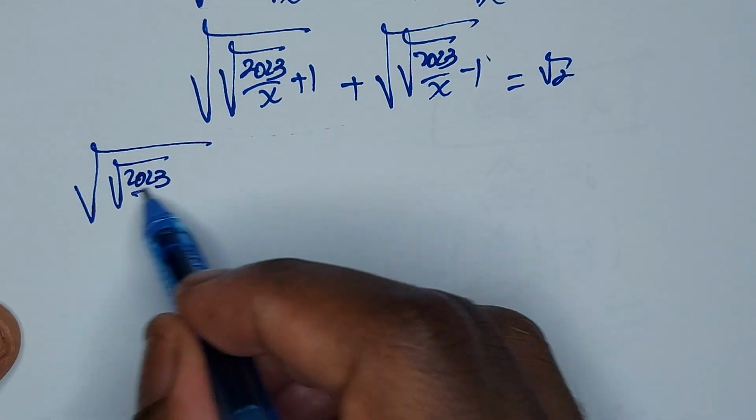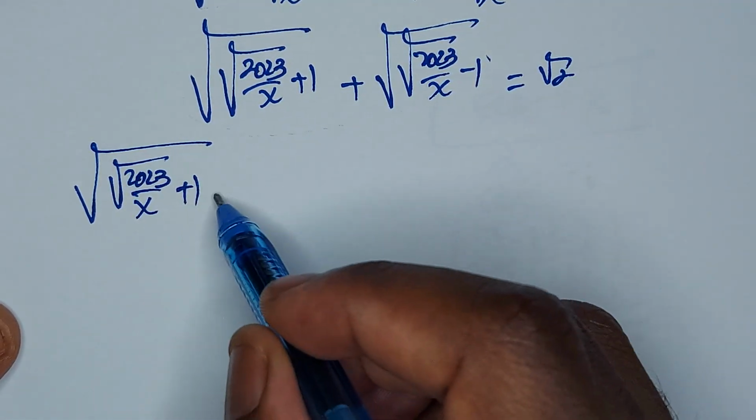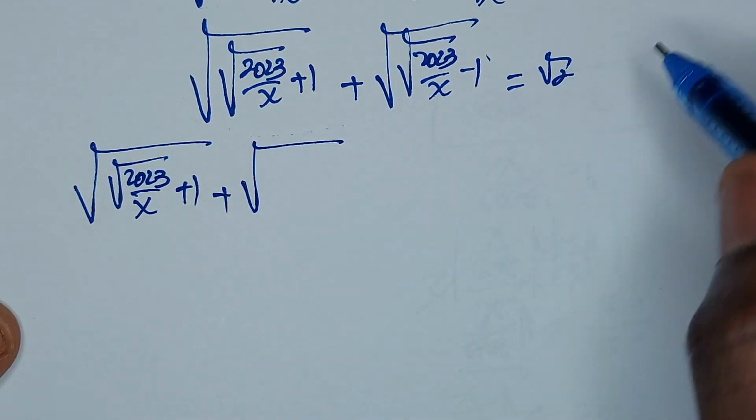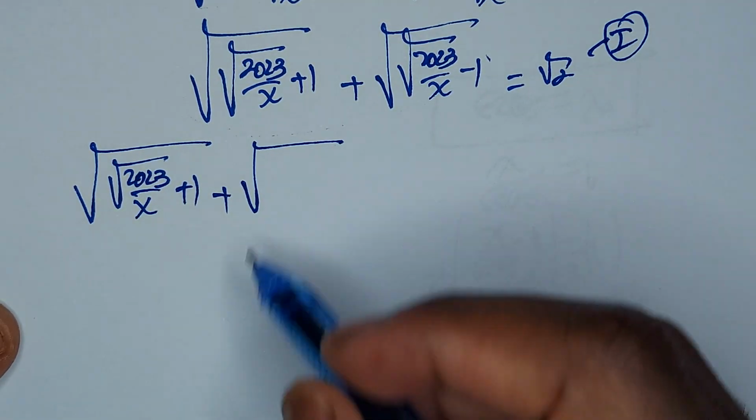So this would be the square root of 2023 over x plus 1 plus the square root of 2023 over x minus 1. Let's consider this our first equation.